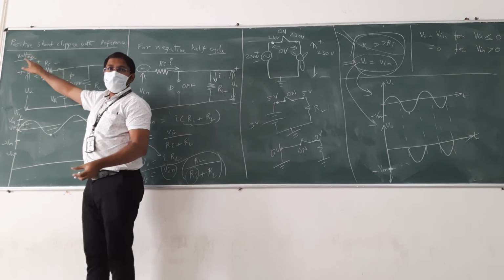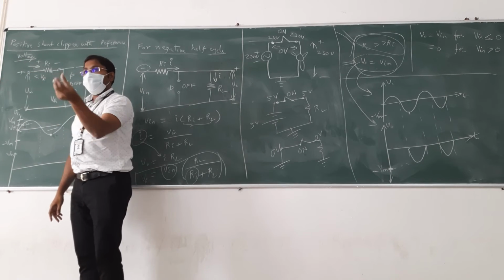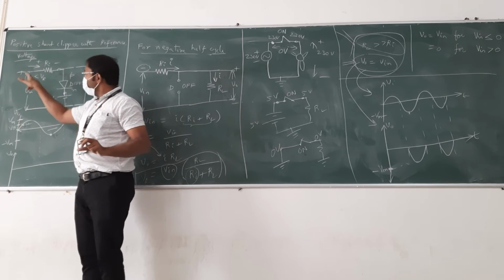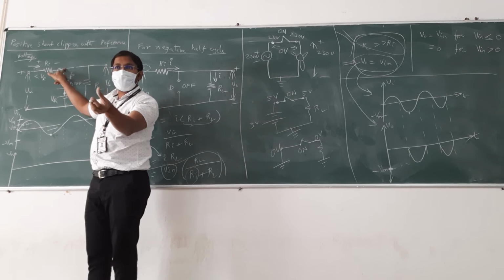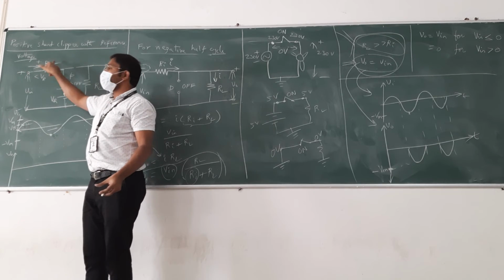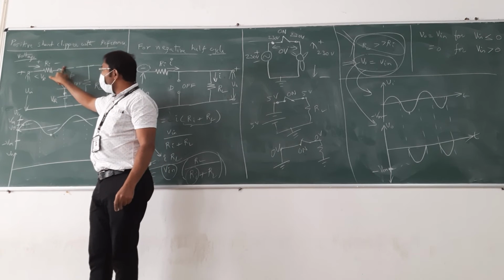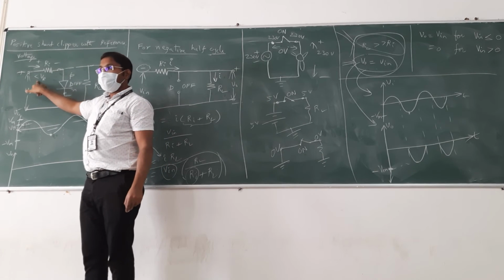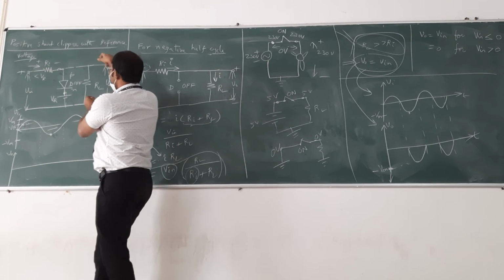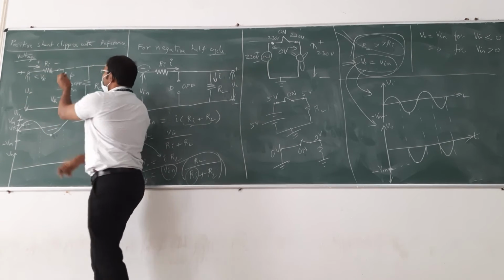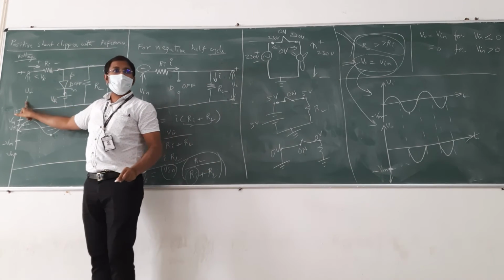Means A minus A, 0. B minus B, 0. Vin minus Vin, 0. So when the difference is 0, the potential here is the same as the potential here. So for this condition, Vout will be the same as Vin.